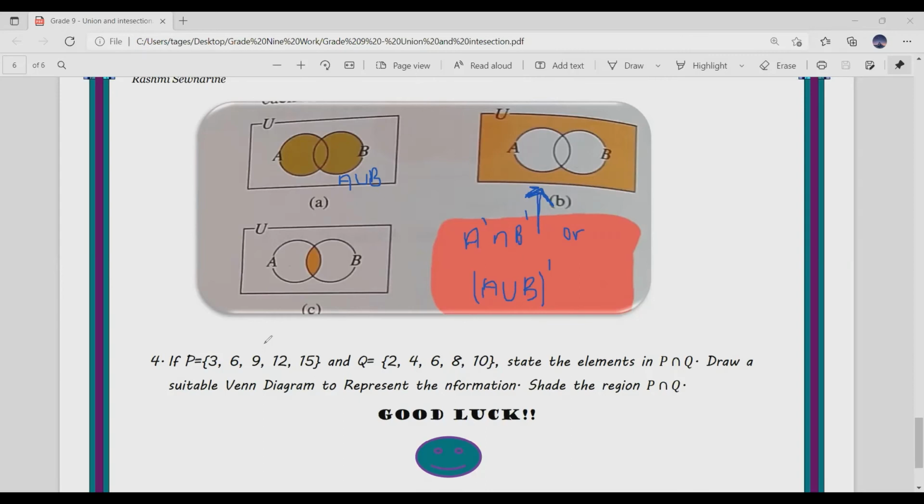And C, if you look here, it's just the intersection part that is highlighted. So we can safely say that this is A intersect B. So A is A union B, B is A complement intersect B complement, or A union B complement.